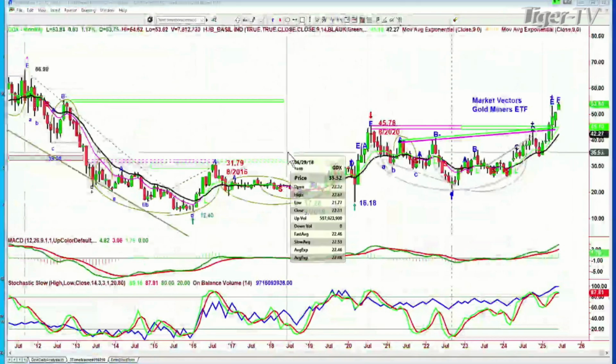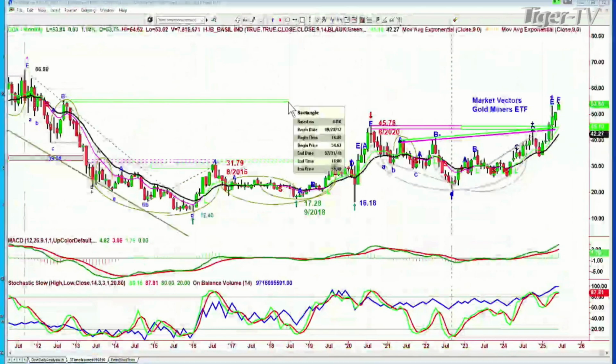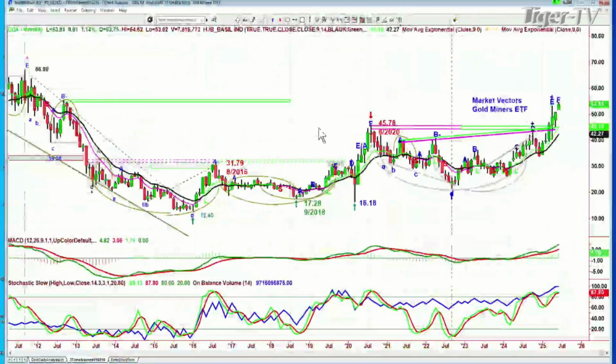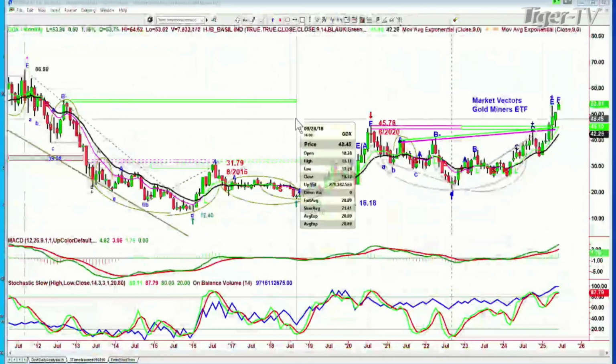Would that be a halfway marker? No, that's not a halfway marker. No, that would take me to there. I have to go further along. Let's go to this low of the 20th. This is a monthly chart of September of 2018. So let's go to that low right there. No, it still doesn't work.